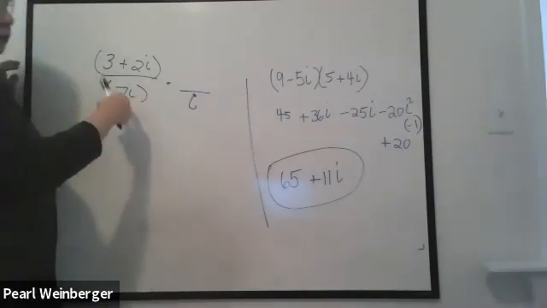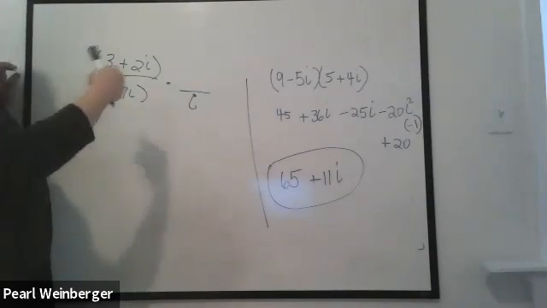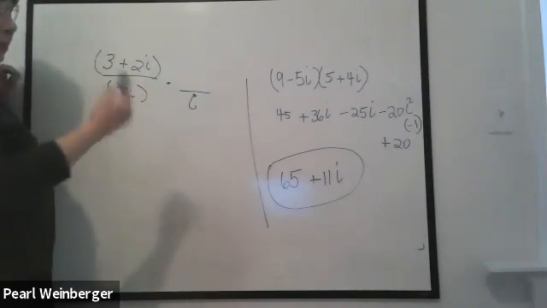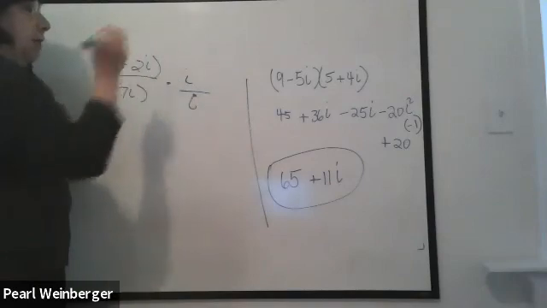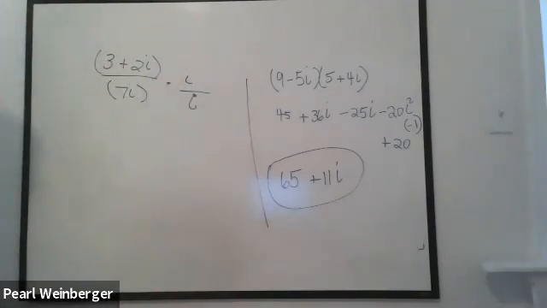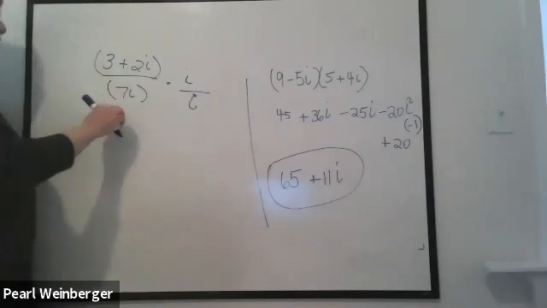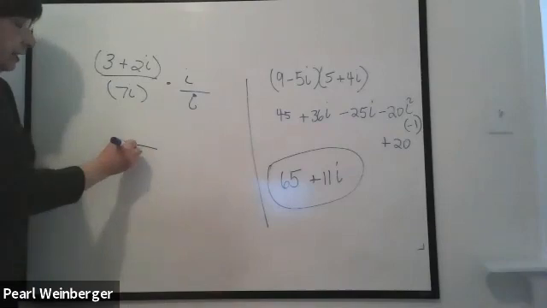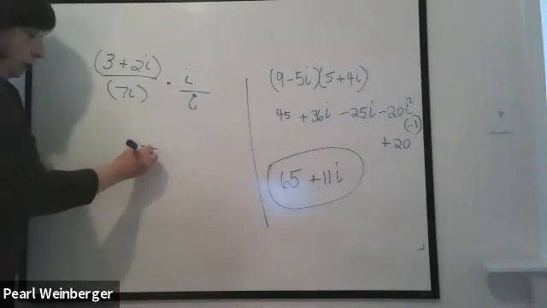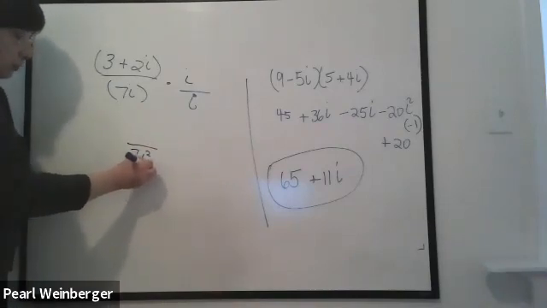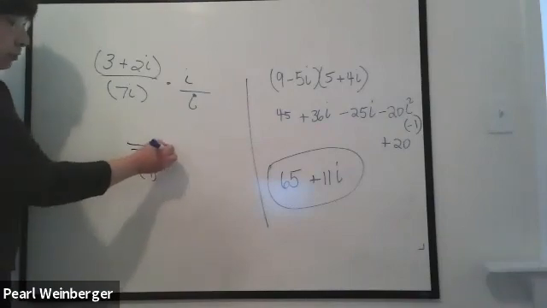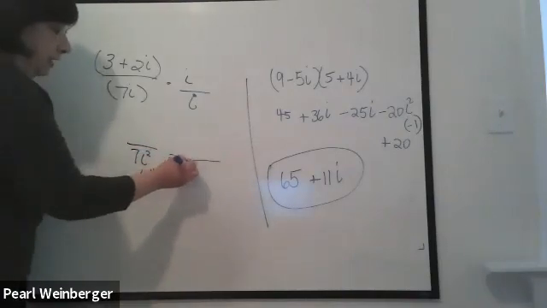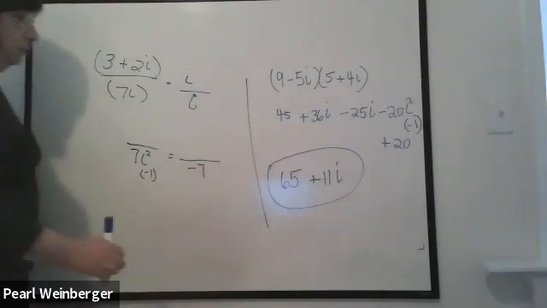It's just like if this would be a square root of 2, I would multiply the top and bottom by square root of 2. So I'm multiplying the numerator and denominator by i. Now let's do the denominator first. 7i times i is 7i squared. And remember, i squared is negative 1. So my denominator comes out to be negative 7.